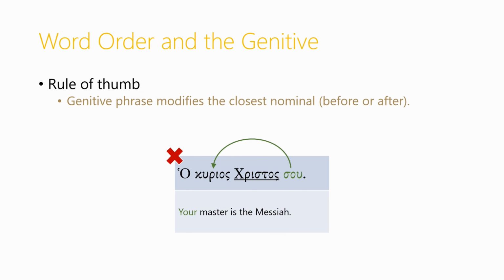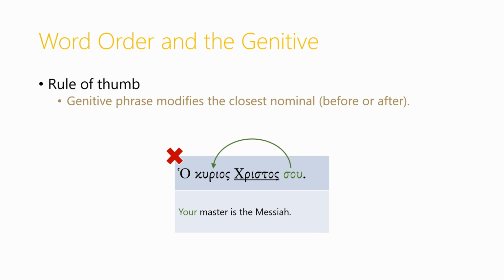So there is a rule of thumb with the placement of genitive phrases, and that is that the genitive phrase usually modifies the closest nominal, either before or after. That means that we wouldn't usually write ho kurios Christos sou if what we want to say is your master is the Messiah.